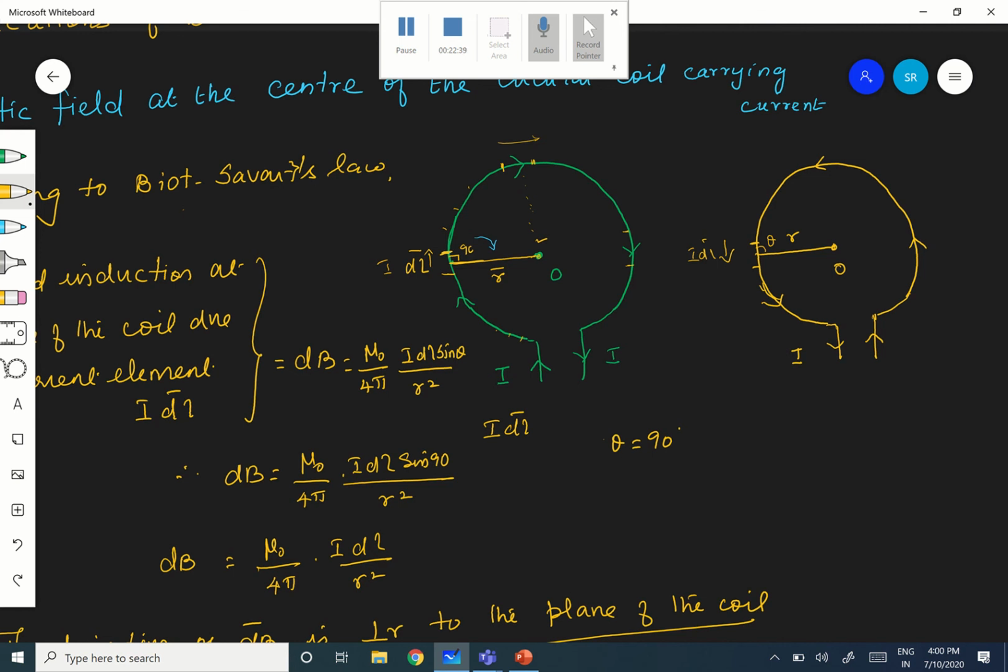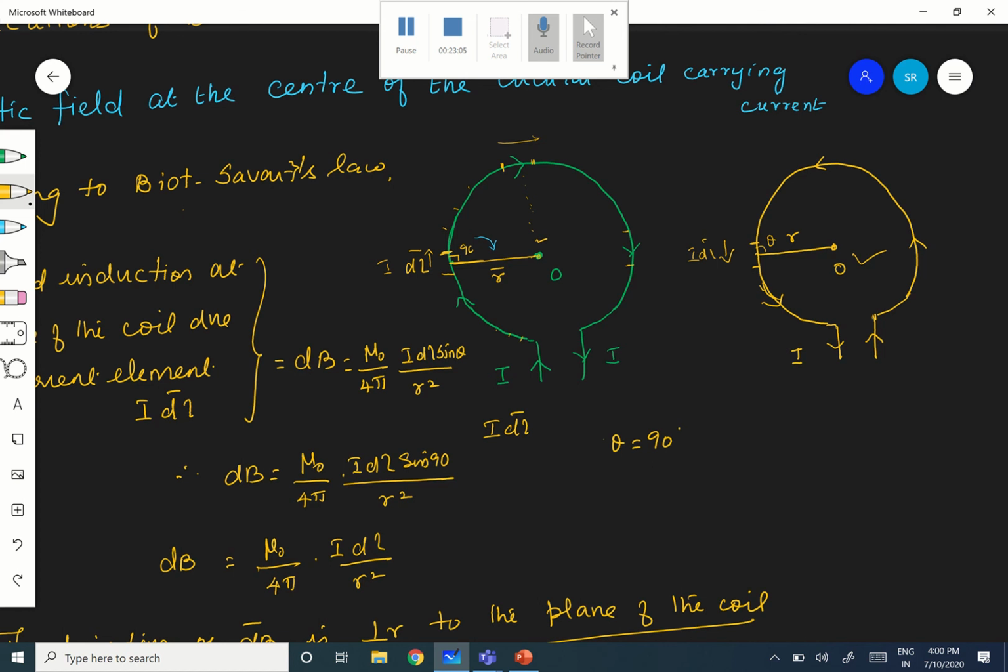Therefore, if you apply the right hand rule, you will get the field at the center O perpendicular to the plane of the coil and outward. Are you following? Is it clear?